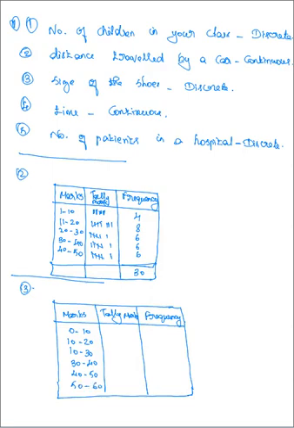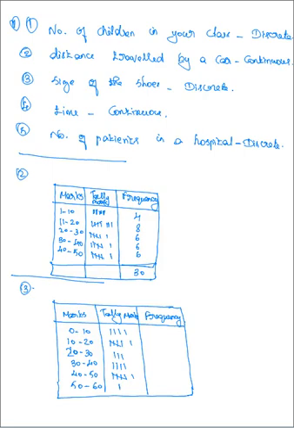Okay. 0 to 10, there are 4 numbers: 1, 2, 3, 4. Then 10 to 20, 6 numbers. 20 to 30, 3 numbers. 30 to 40, 4 numbers. 40 to 50, 6 numbers. 50 to 60, only 1.